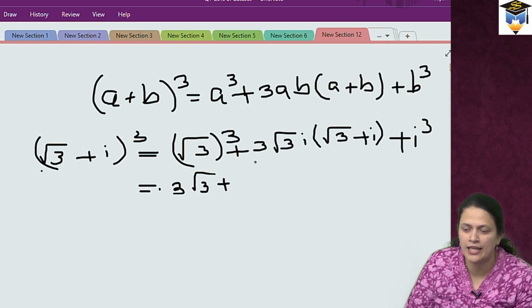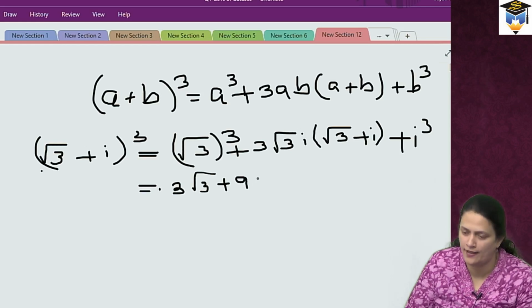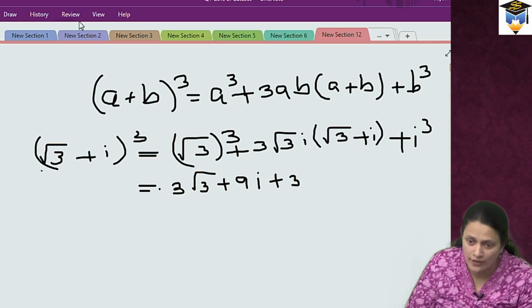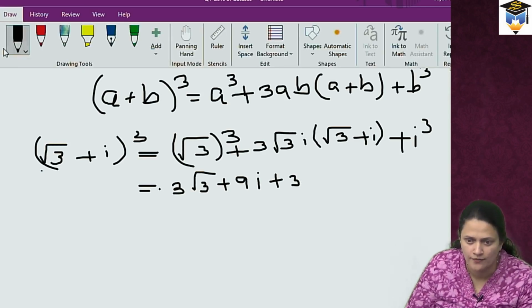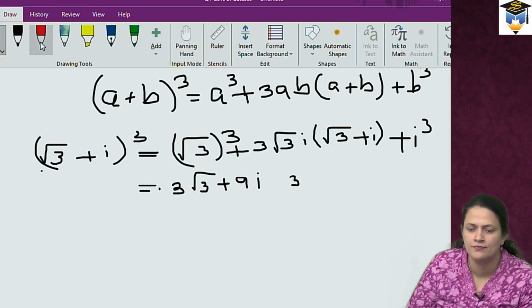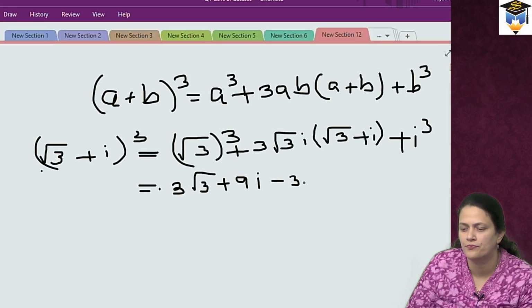Again multiply each and every term inside the bracket. Okay. So this is going to give us 3 into 3, that is 9i, correct, plus 3 root 3 i square. So the i square is minus 1. So I will write down minus 3 root 3 here itself. Correct?